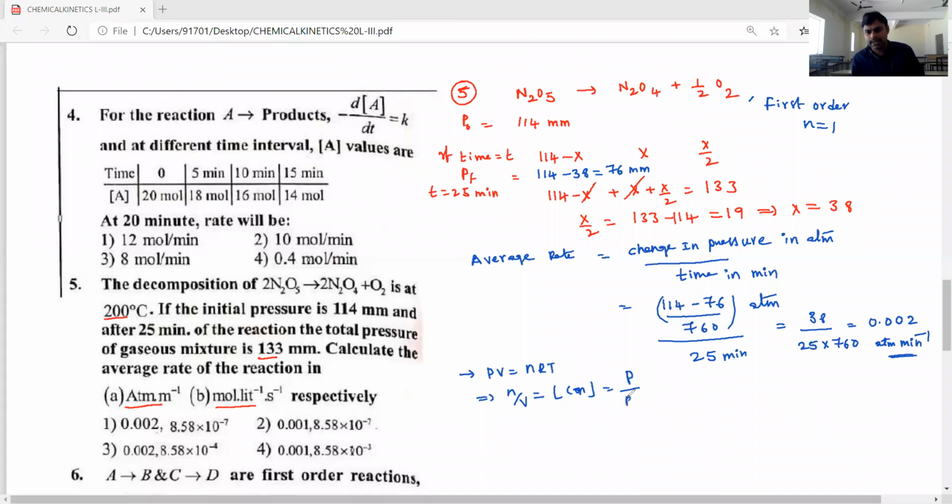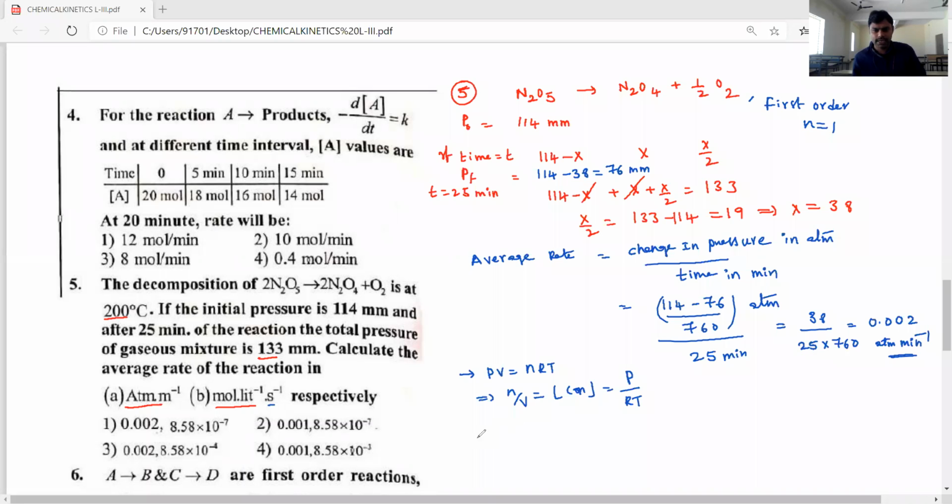The pressure unit is atmosphere minute inverse, but here the units are mole per liter, and second inverse. Then minutes we have to convert into second inverse, means divided by 60, since 1 minute is equal to 60 seconds.